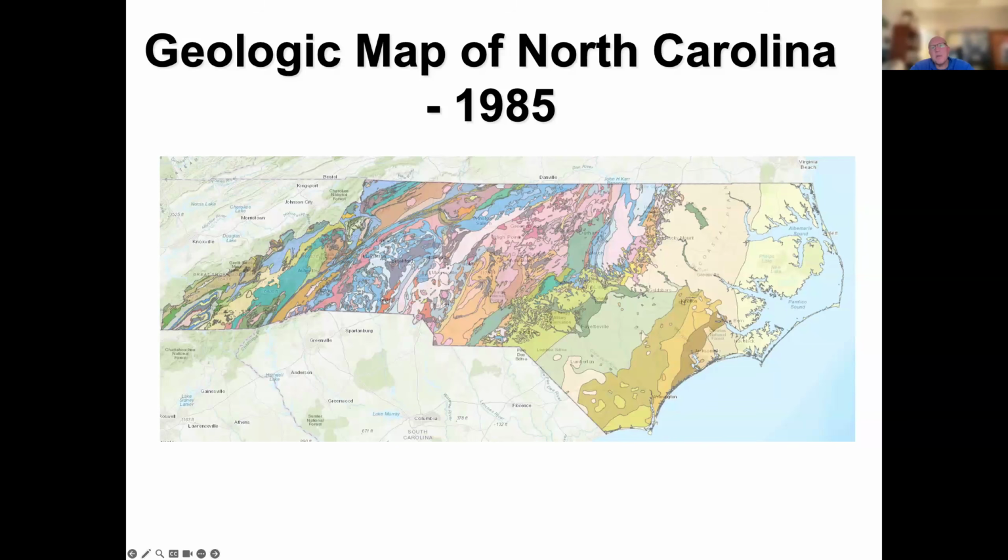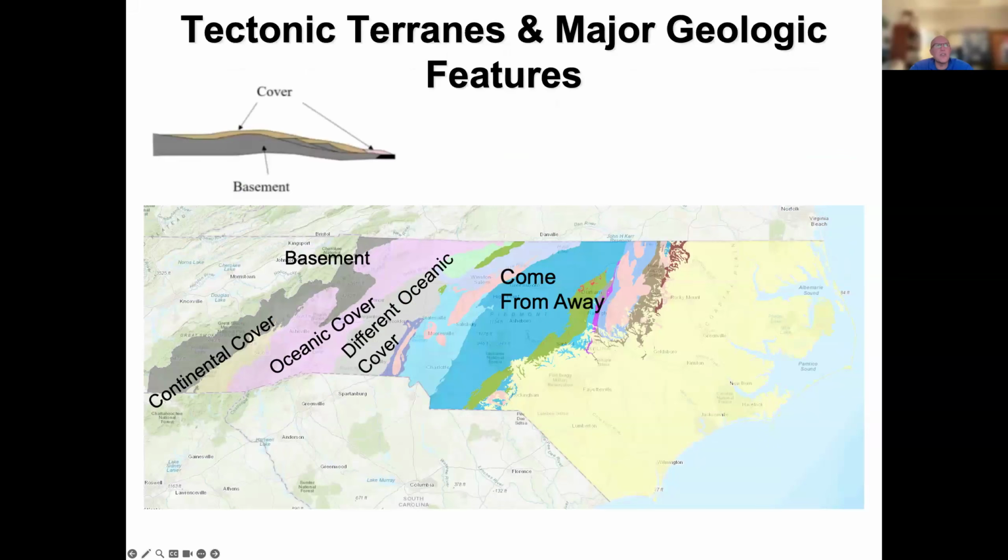But if I take this map and simplify it just a little bit, we can really glean a lot about the geologic history of the southern Appalachians. So let's see. Here we can make out the Piedmont, Blue Ridge, and the coastal plains again. But I want to introduce a little new terminology.